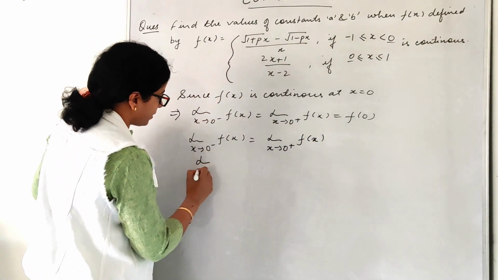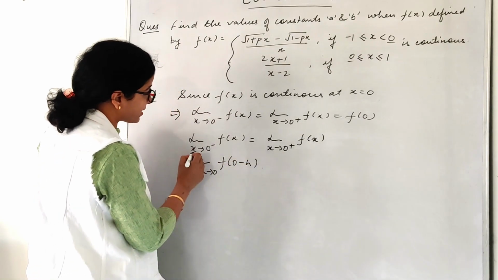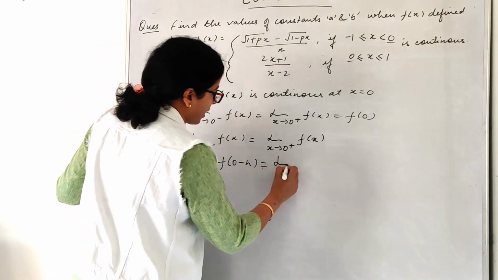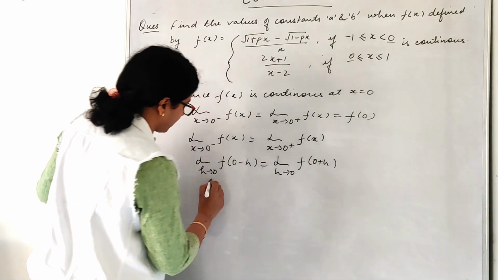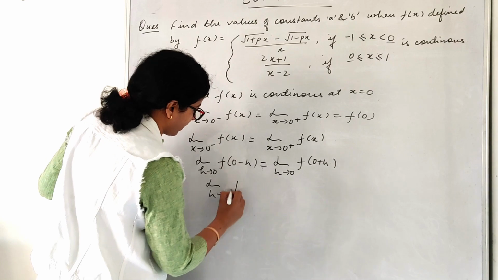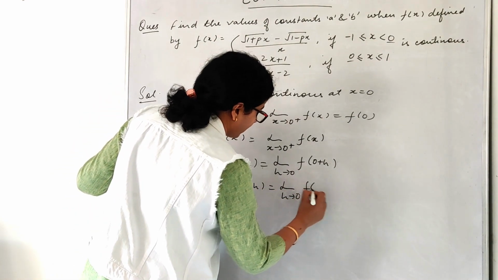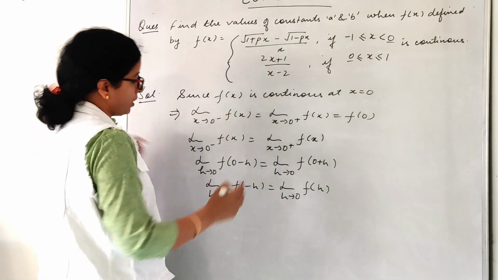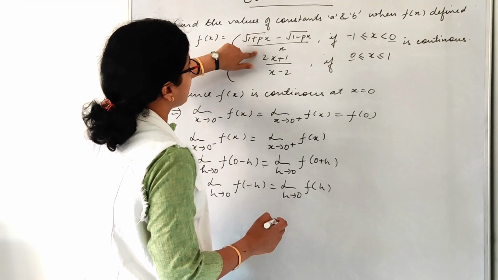Now limit h tends to 0, f(0 minus h), x is replaced by 0 minus h, is equal to limit h tends to 0, f(0 plus h), which is f(h). Now we'll substitute the value minus h, 0 negative. This function will come, right?